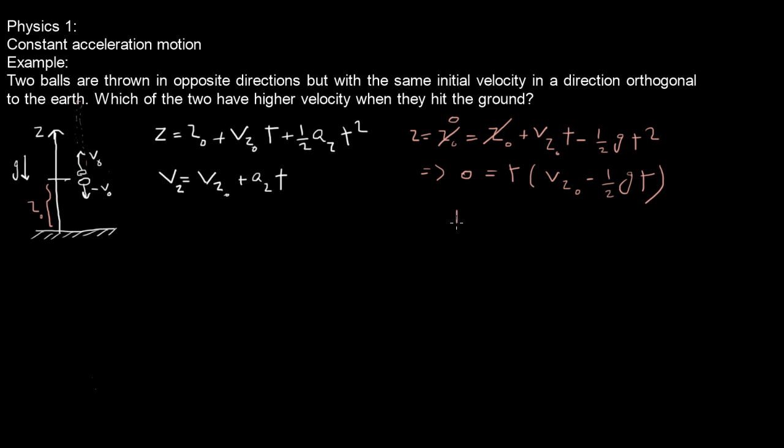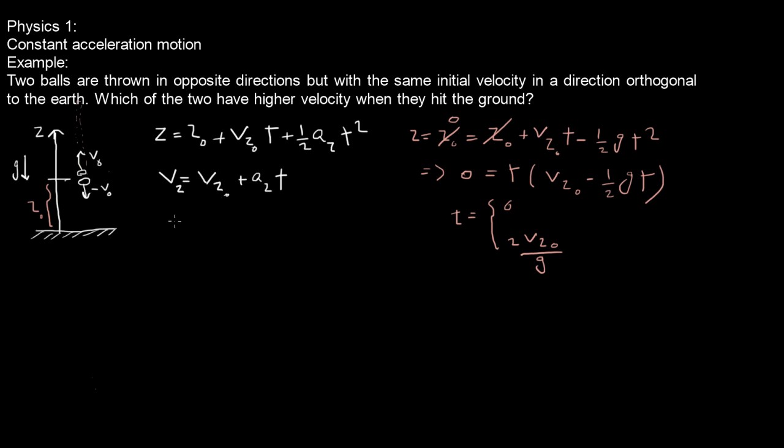Either time is equal to 0, then this equation is satisfied, or t is equal to 2 VZ0 divided by g. The first is when the particle started moving up. The other solution is when the particle went all the way up and then goes back down.